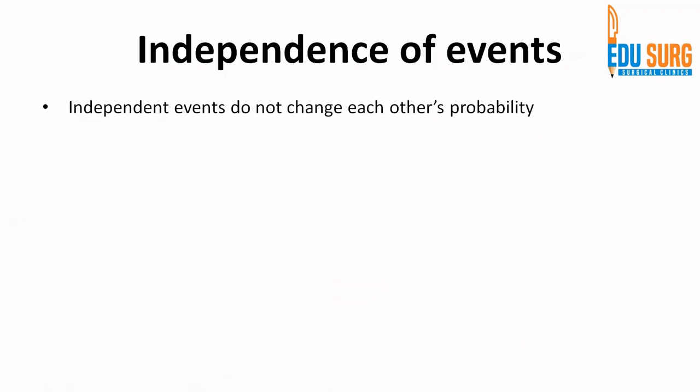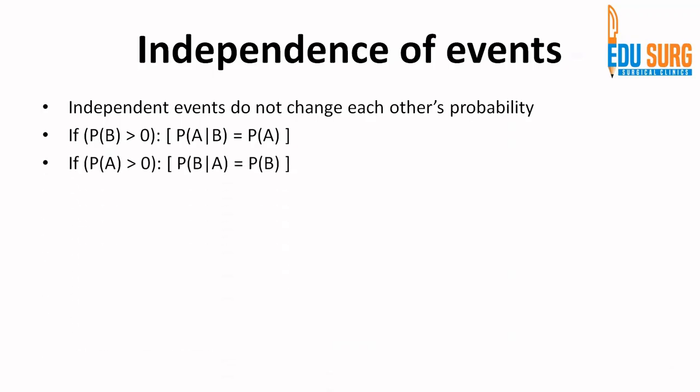Last was the independence of events. Now we have already seen the concept that independent events do not change each other's probability. So if P of B is greater than 0, probability of A given B is equal to probability of A. This means that B does not affect A, and so A is independent, right?